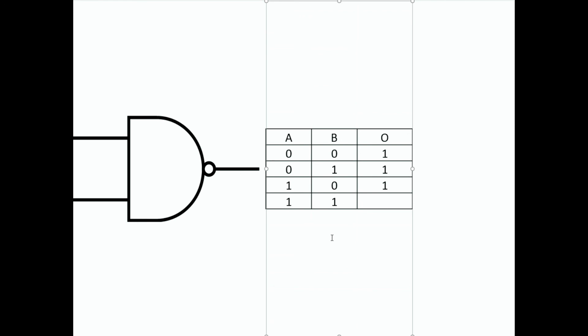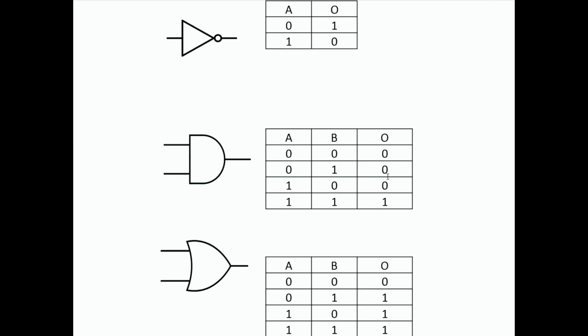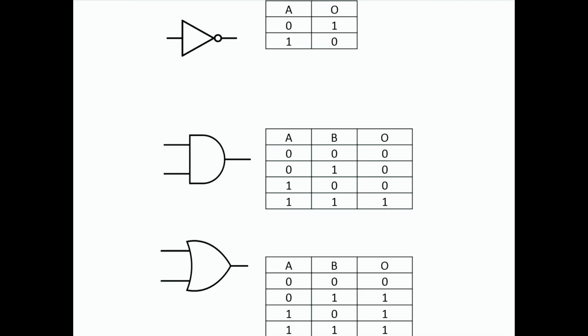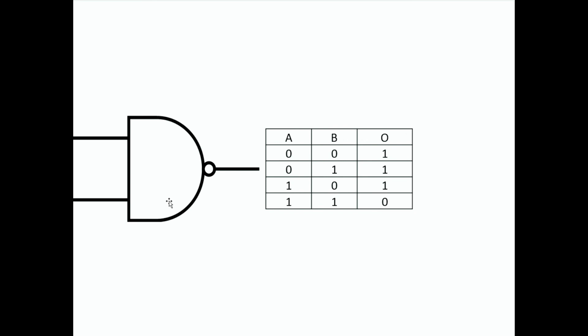Yes, but that NOT gate turns it into a 0. So our outputs for a NAND gate are 1, 1, 1, 0. Just go back and look at the AND gate. 0, 0, 0, 1. So they're the exact opposites, which is why we say not an AND gate, or a NAND gate.